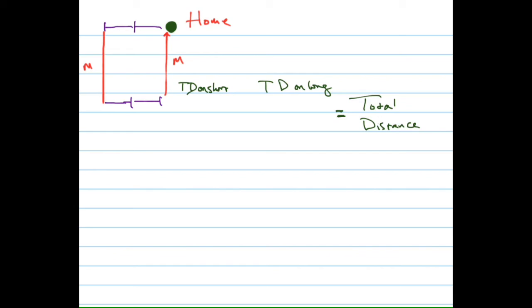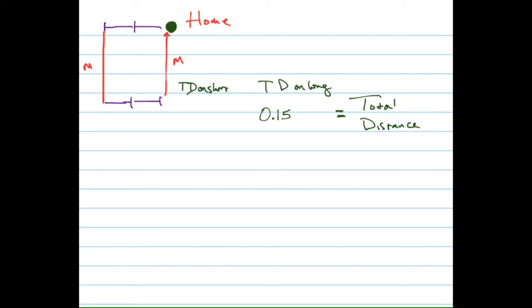Now, how would I find my total distance on my long blocks? Yeah, you would add 0.14 times 0.15. Okay, you got the right idea, but I'm going to change your operation a little bit. The length of one long block is 0.15. How many total long blocks am I going to do? 4.